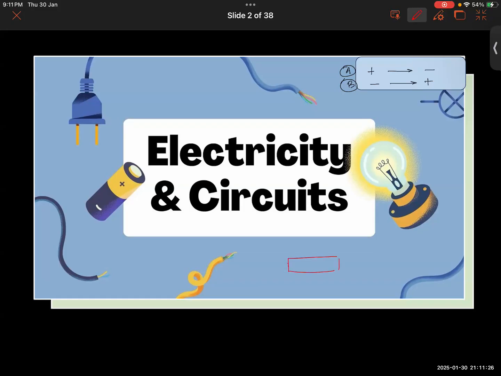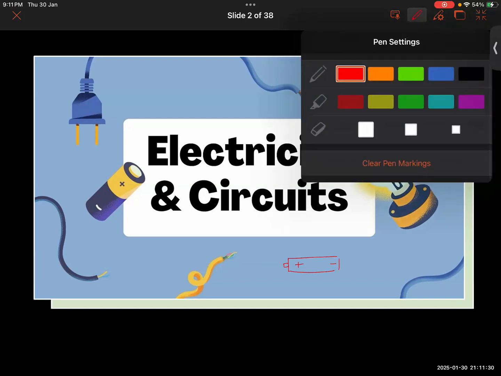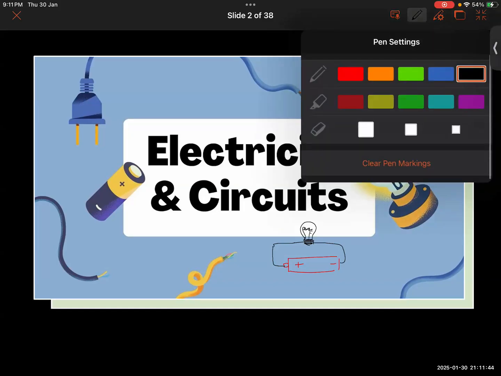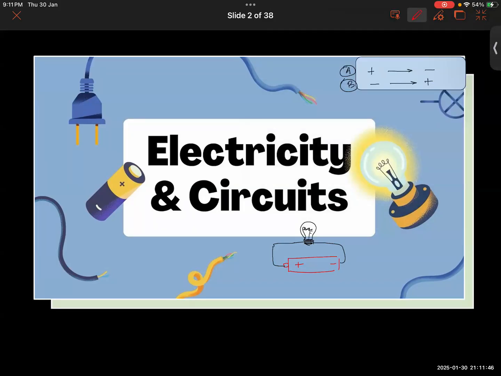Like when we take a dry cell, that's the positive terminal, that's the negative terminal. When you connect it with wires and with the bulb, the bulb glows, right? So the question is whether the flow of current is from the positive to the negative, or from negative to positive terminal.